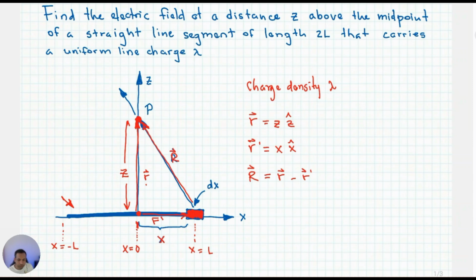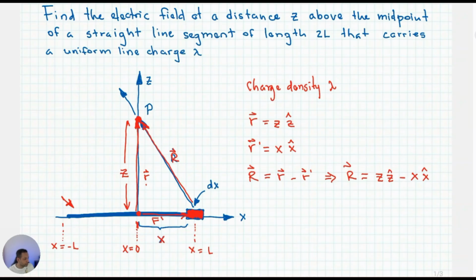If we substitute the two position vectors, we can write the position from the element dx to the point P as z along the z direction minus x along the x direction.